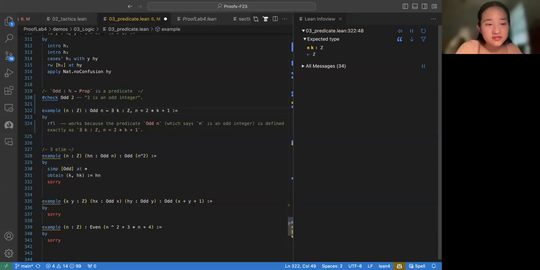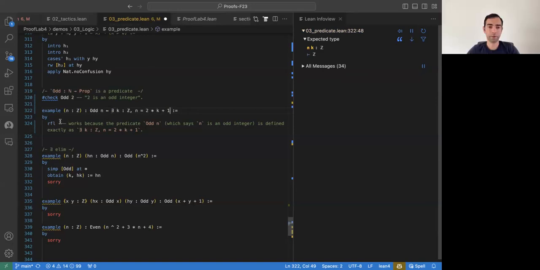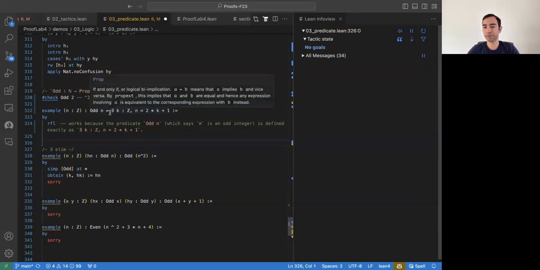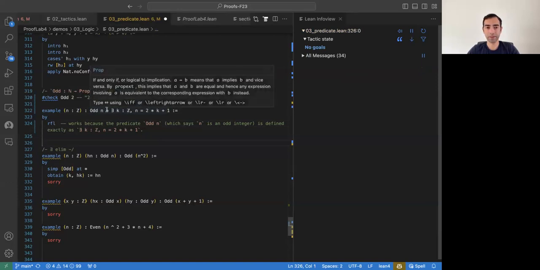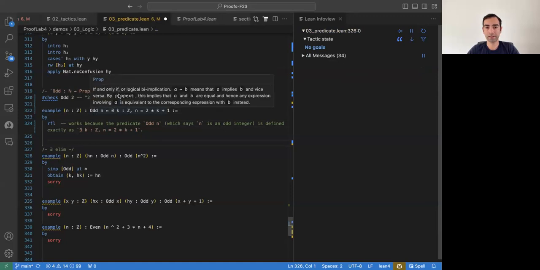Yes. Great. So still rfl works. How do we explain this? Because now it's not equality, but an if and only if. If you mouse over this, it says there is such a thing as the principle of propositional extensionality, which says that when we have two propositions and there's an if and only if between them, then they are made equal.